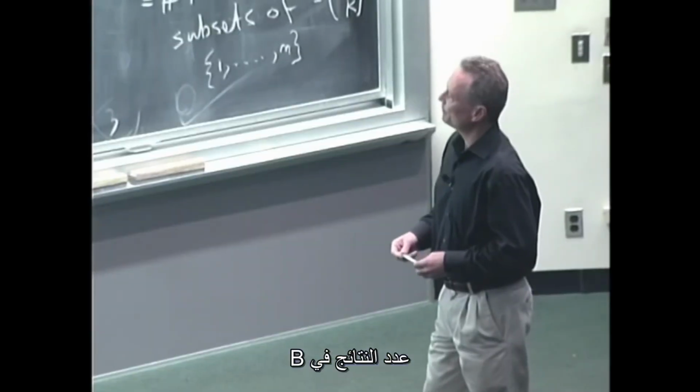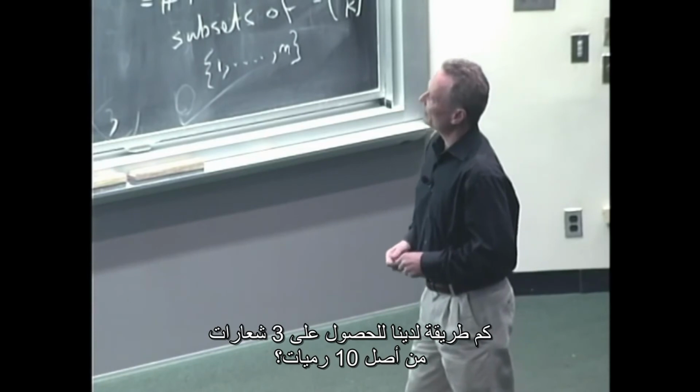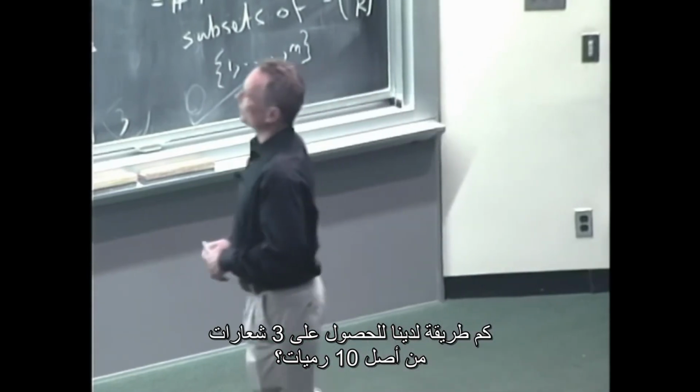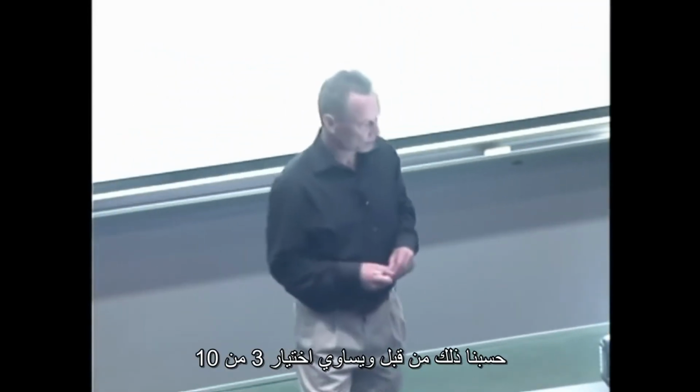So let's do that. Number of outcomes in B. In how many ways can we get 3 heads out of 10 tosses? That's the number we considered before, and it's 10 choose 3. This is the number of 3-head sequences when you have 10 tosses.